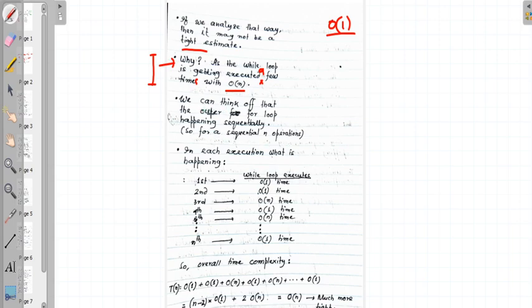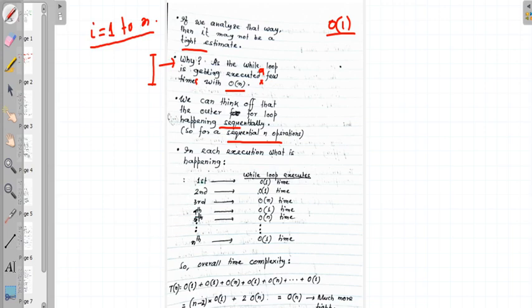So we can think of the outer for loop as happening sequentially. For each I equals 1 to n, that means we can think of this as a sequence of n operations going on, and for a sequence of n operations, something will be happening inside the while loop.